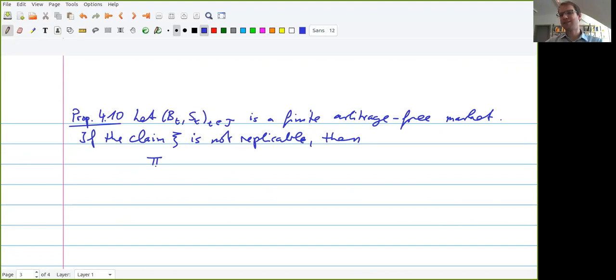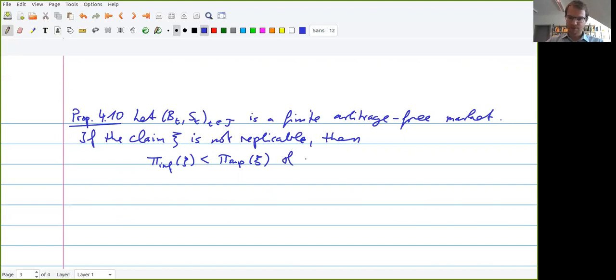This is what I somehow claimed already. So the infimum of arbitrage-free prices is strictly less than the supremum of arbitrage-free prices. So you see, this is really a difference.